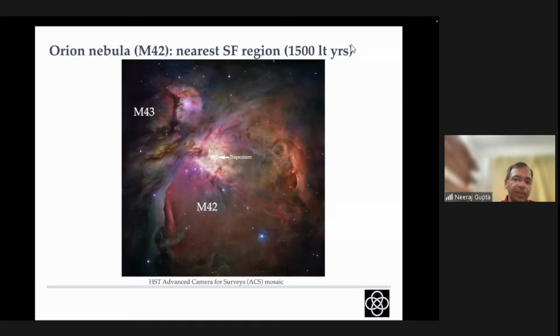But even before we can form molecular gas, it exists in atomic phase, and that's what we are going to focus on today. How is it distributed in our galaxy, Milky Way? How is it distributed in the external galaxies? Then how and in what conditions it can actually channelize to form molecular gas and then be converted into stars.